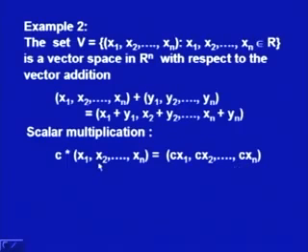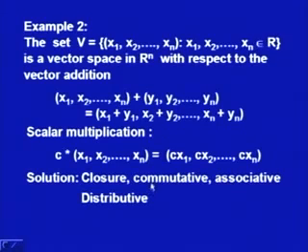If we define addition in this way and scalar multiplication in this way, then one can very easily check that this is also a vector in V. So, addition is closed and scalar multiplication is closed. One can very easily check all other properties A1 to A8 for this set, and one can prove that this is also a vector space.